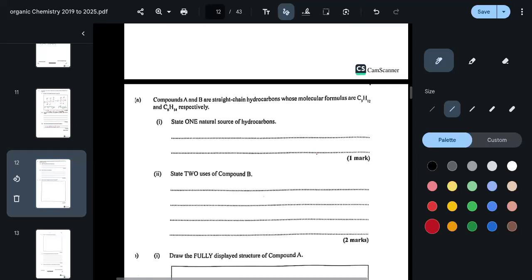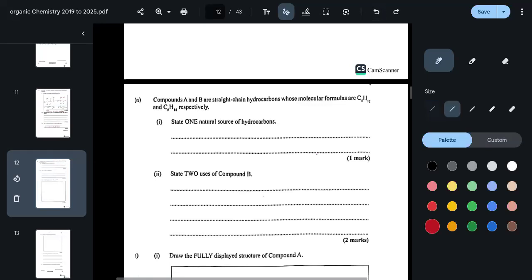Right. So if it's an alkane, what are two uses of alkanes? Solvents and lubricants. But you left out the easiest one, what you cook with. Fuels, like gas. So fuels, solvents, lubricants. Remember that fractionating column.